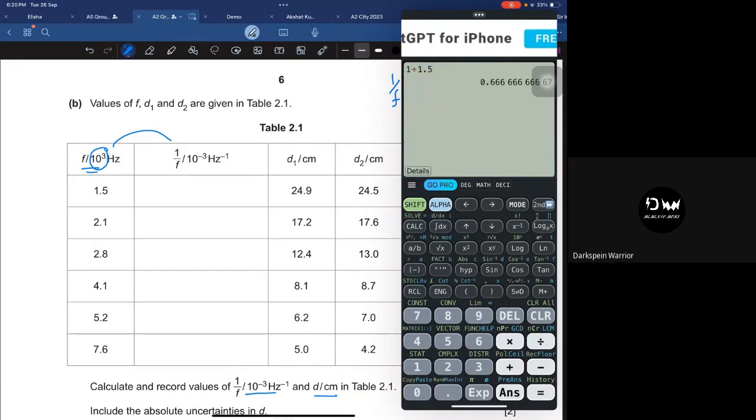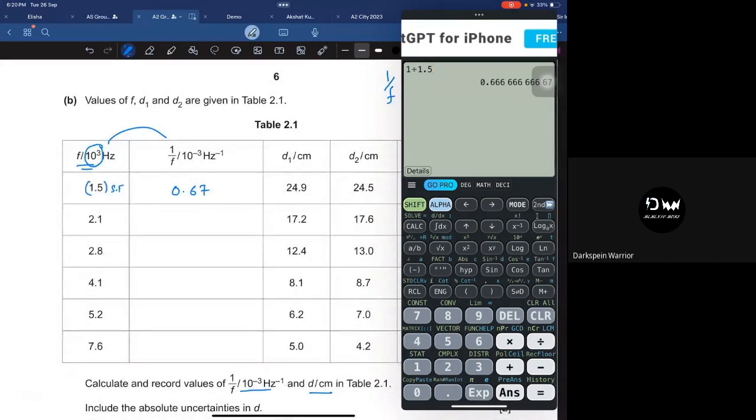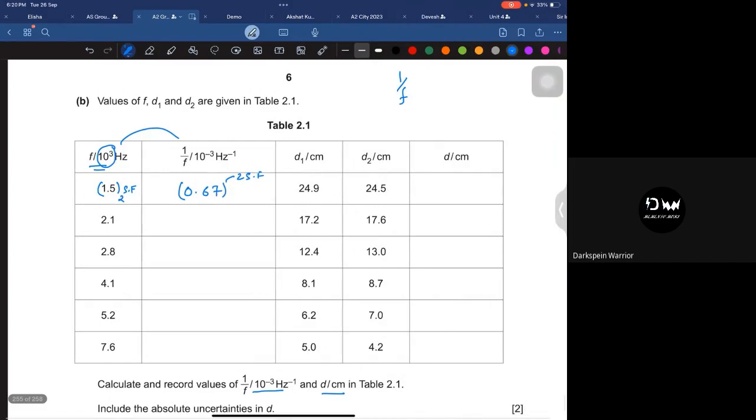This is going to be 0.67. Now I want to tell you that because this is in 2 significant figures, then this answer should also be in 2 significant figures. You have to follow the same practical rules that you've learned in P3. Okay. All right. So do not get confused by how I've written this, and then keep on doing this.